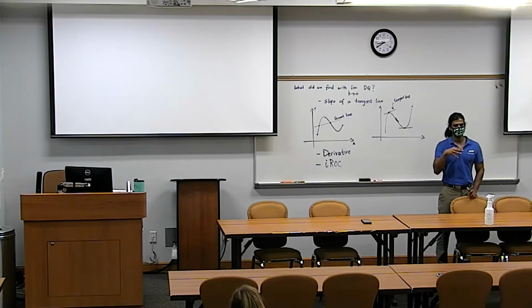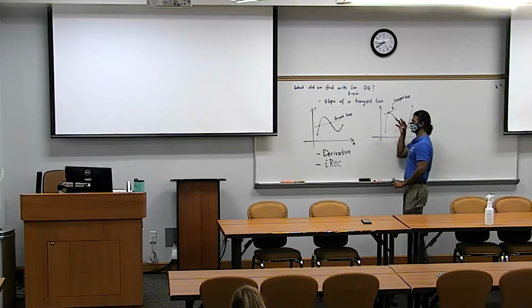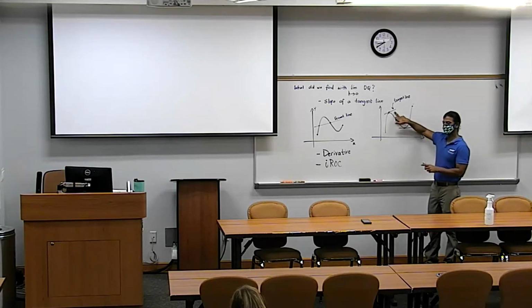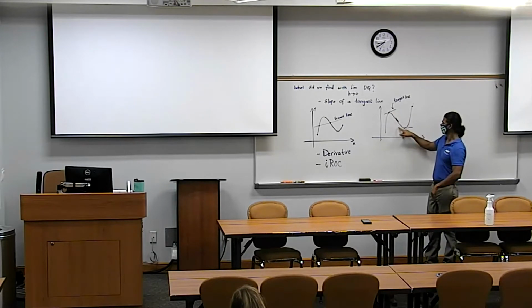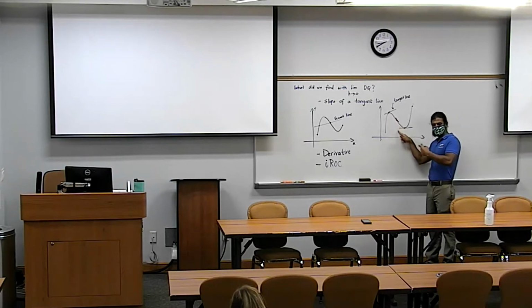Yes? If a line has a positive slope, it is an increasing line. So by looking at the derivative, I can say if a function is increasing or decreasing. So right here, it's decreasing. Agreed? The curve is decreasing also.